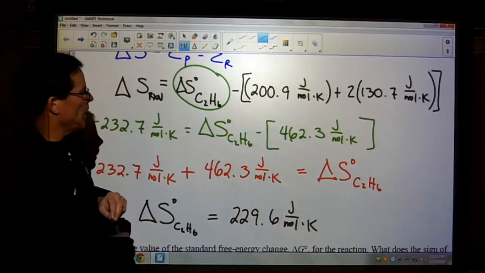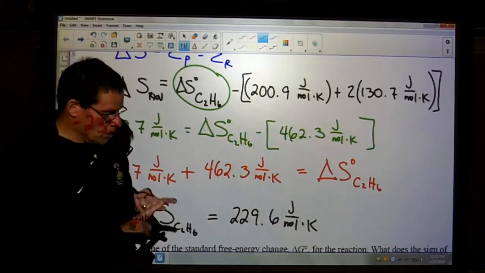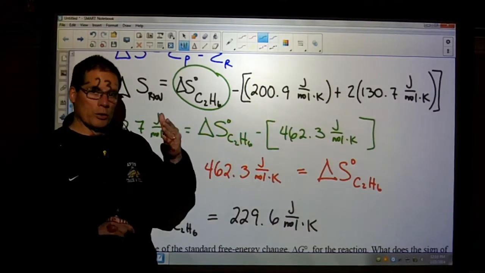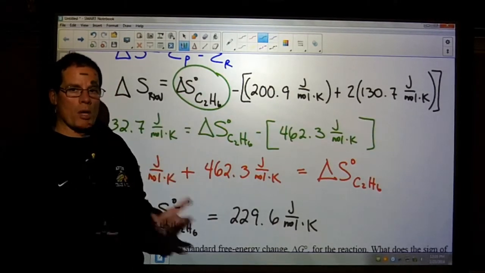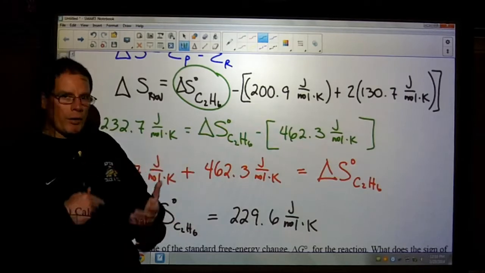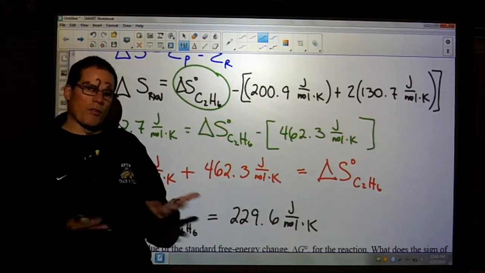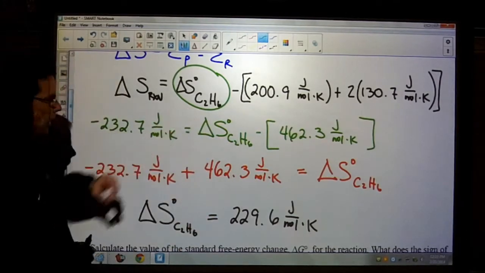So it's probably a good idea to know what the units are for delta G and delta H. They're the same. They're kilojoules per mole, where delta S is a little bit different. It's in joules per mole Kelvin. So that requires us to do a conversion if asked to find delta G, which in this case, it's fine to leave as such.